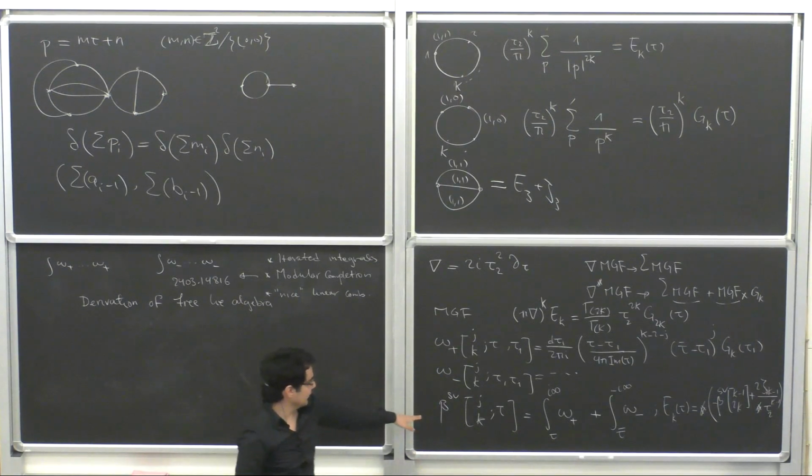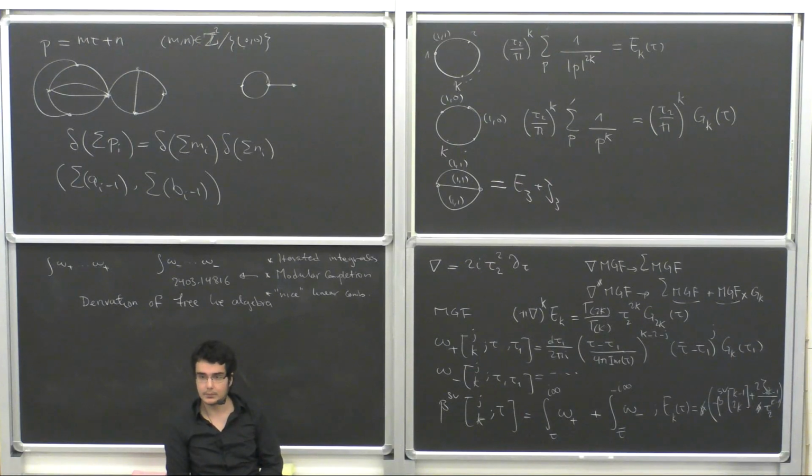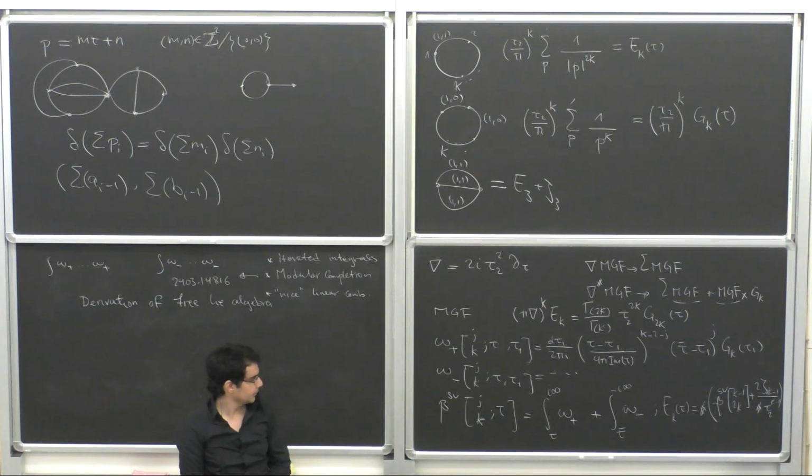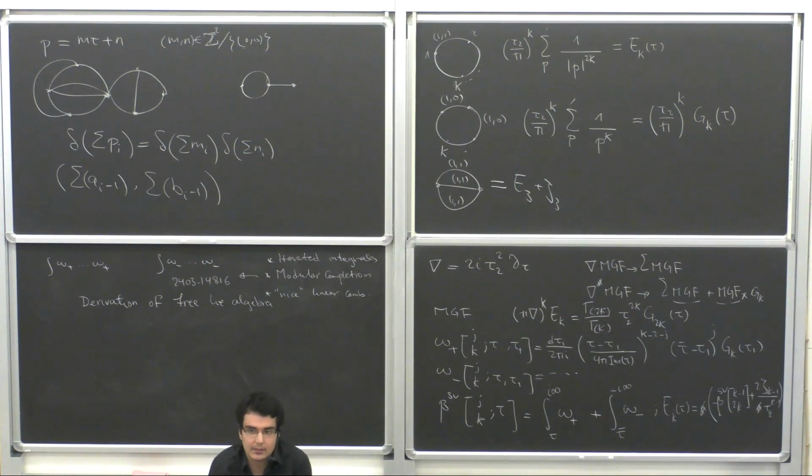So the space now is bigger. You want to go to the subspace where the modular graph forms are. So for example, look at this.